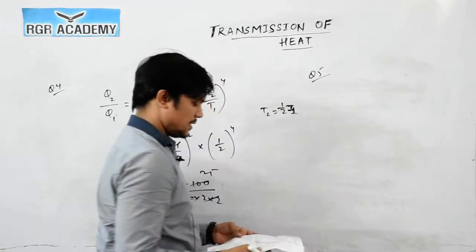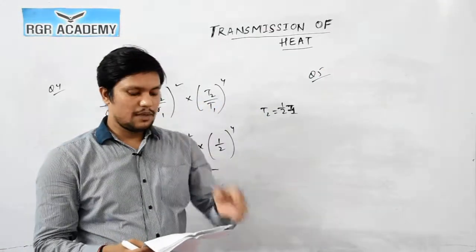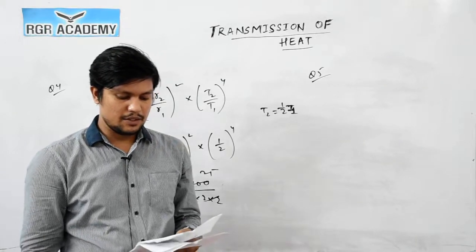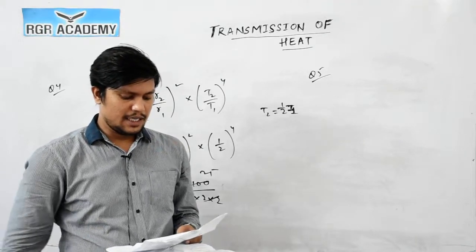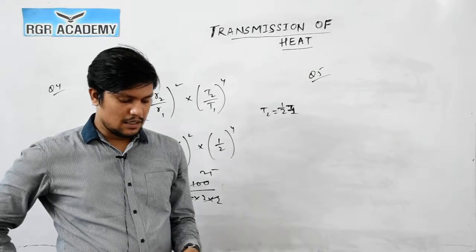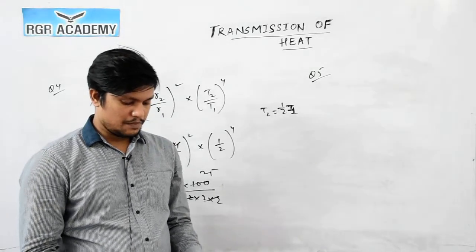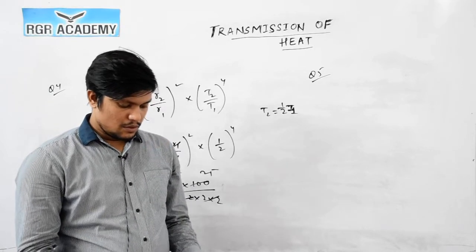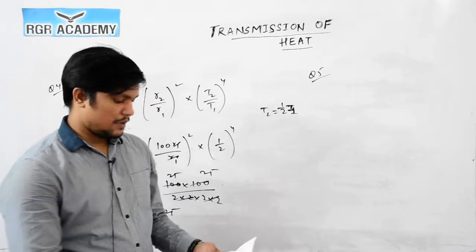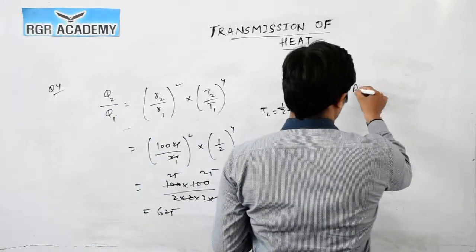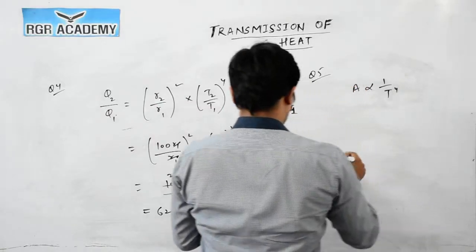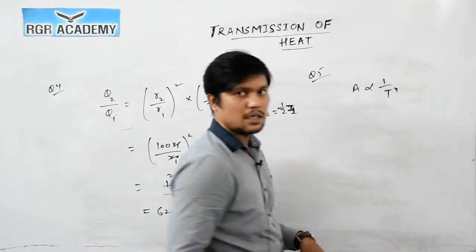In question number 5th, two spherical black bodies of radii R1 and R2 and with the surface temperatures T1 and T2 respectively radiate the same power. Then the ratio of R1 and R2 will be. So power is same, then we can say that area is proportional to 1 by T to the power 4, and area is proportional to R square.